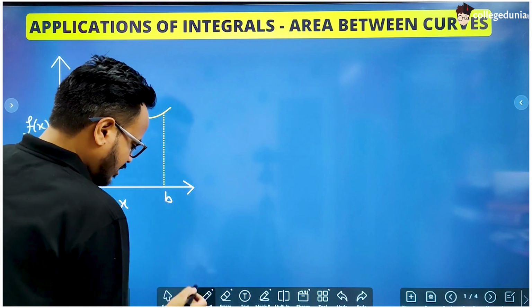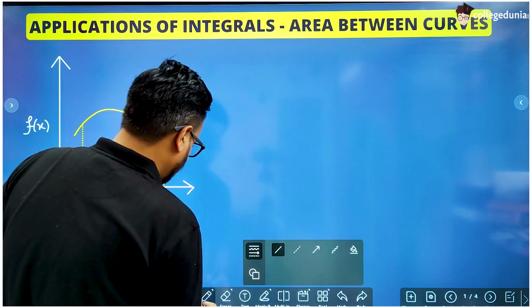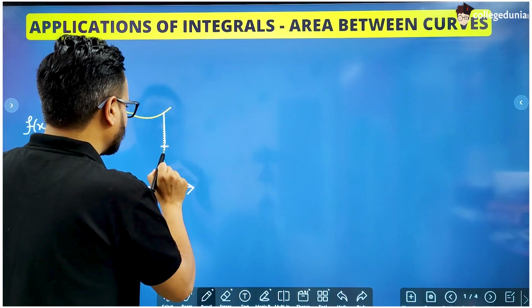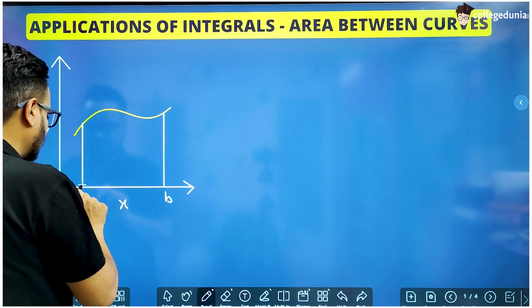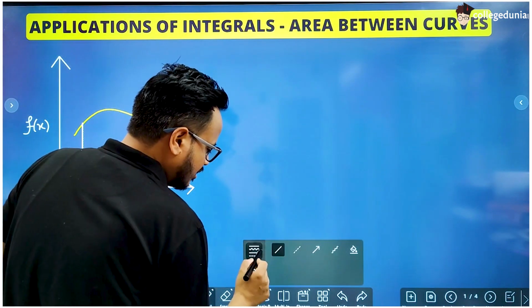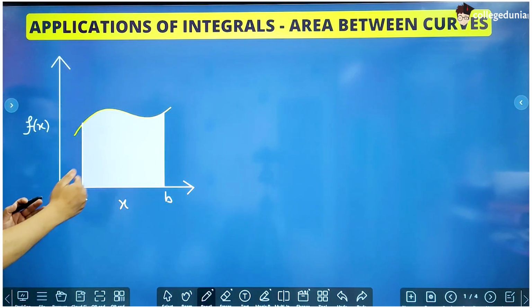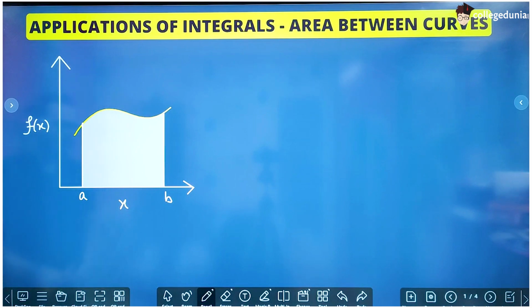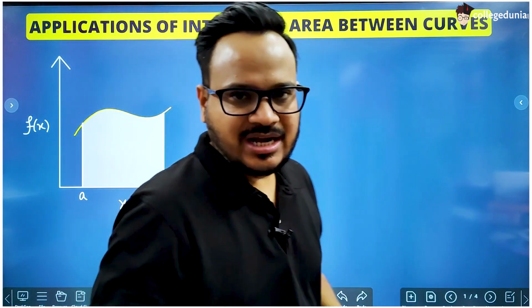Let me make it darker for you. Suppose we are supposed to find this area, which is the area from A to B bounded by the graph of this function. So in such cases we can use integration.